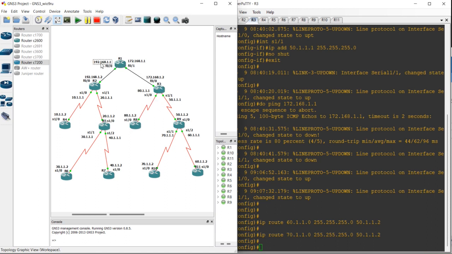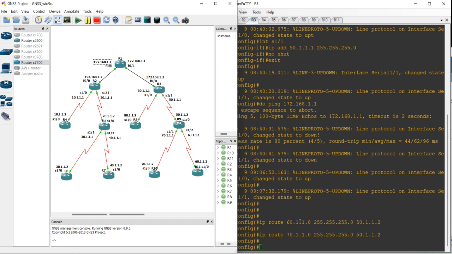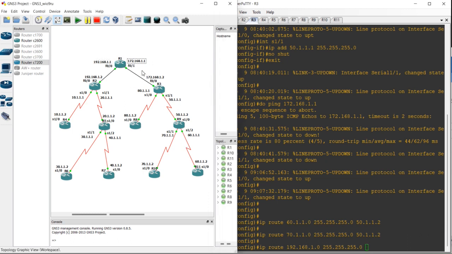The only different network right now on this side is 192.168.1.1. So now ip route 192.168.1.0, then the subnet mask, and the exit IP from router 3 is 172.168.1.1.